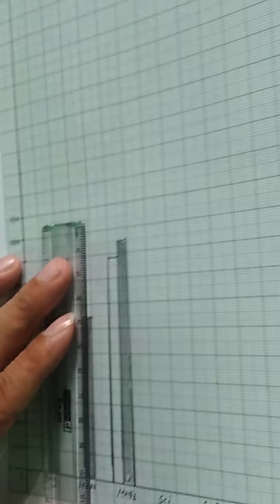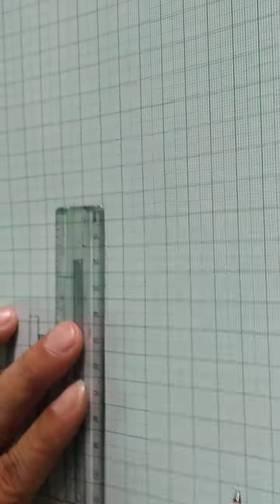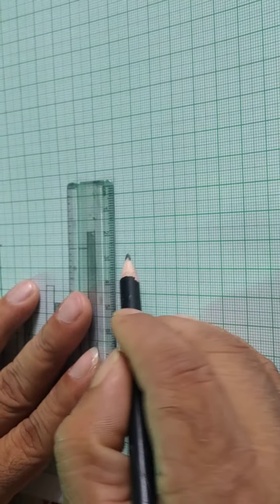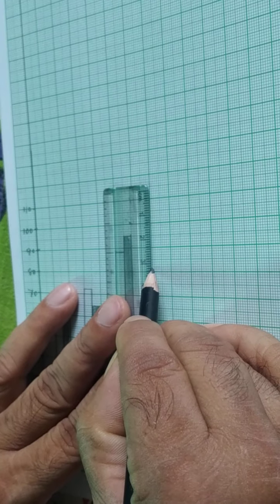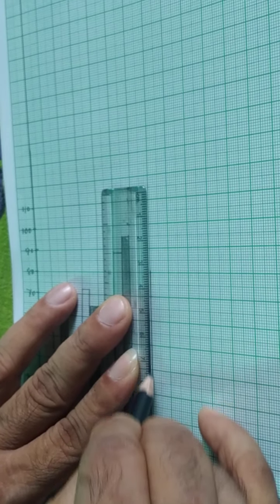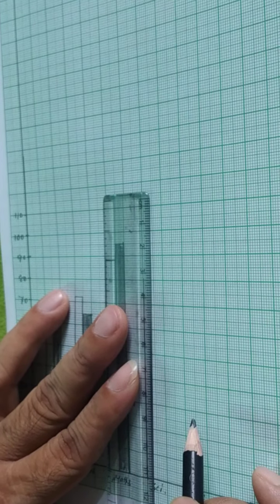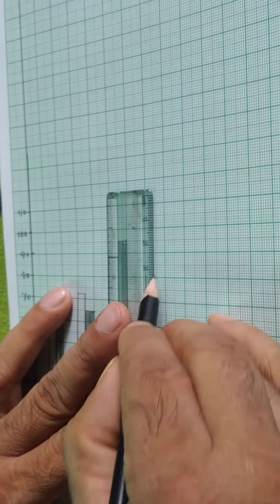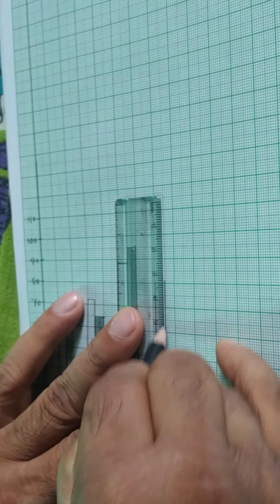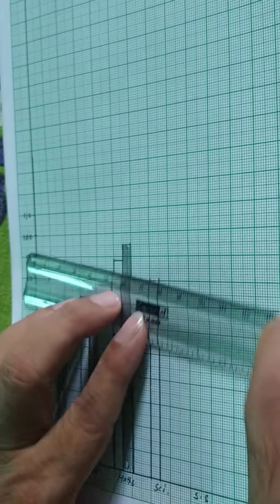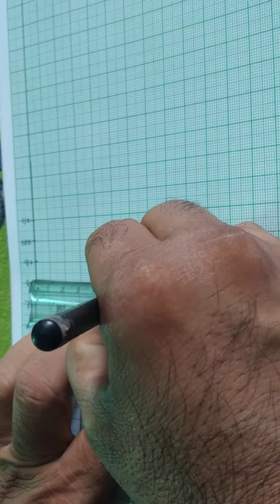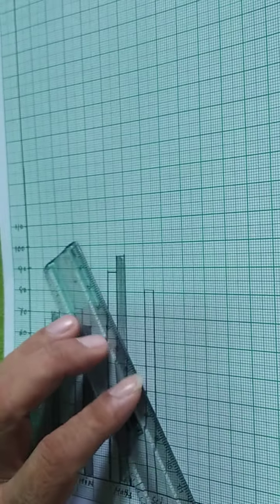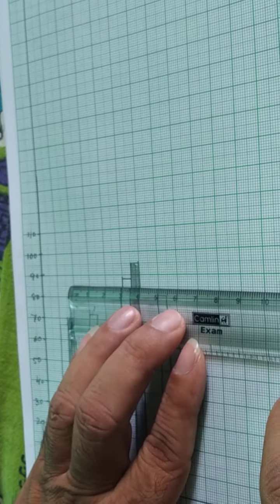Got it? Now next science, 81. So 80 and one more, so 81. And in second semester, 85.